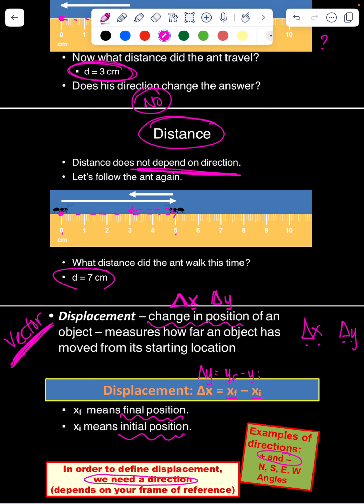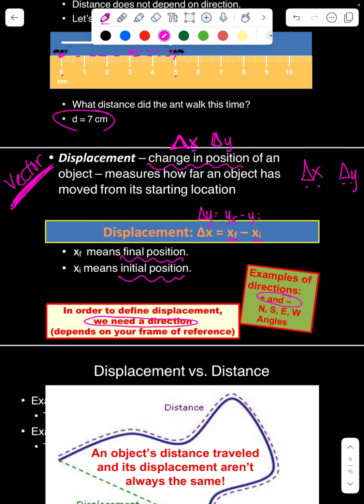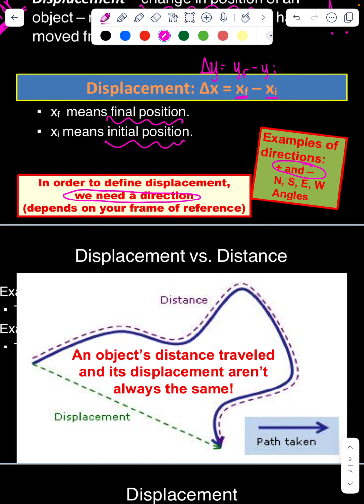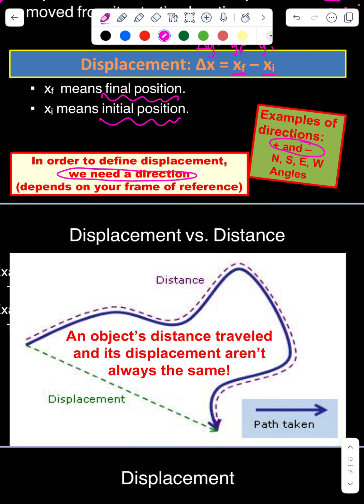All right, so once again, distance is a scalar quantity, displacement is a vector quantity. So this kind of shows you the difference, okay? So our distance is that purple line. All right, the distance is the entire path taken. That's because distance is scalar and it does not care about the directions that it took, the direction that the person or the object went.